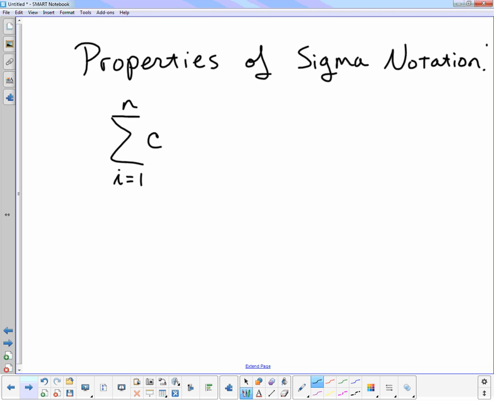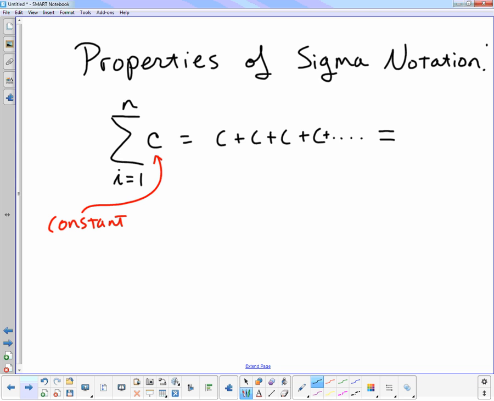C is a constant, 5. Well, what this is saying is I have C plus C plus C plus C all the way up to N, so it actually stops. How many C's will I have? As many as however big N is, right?